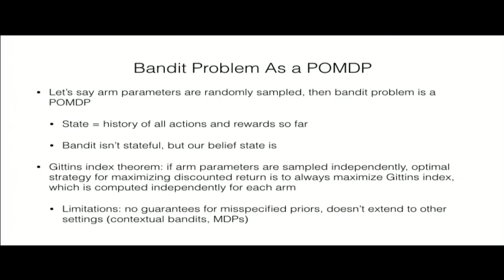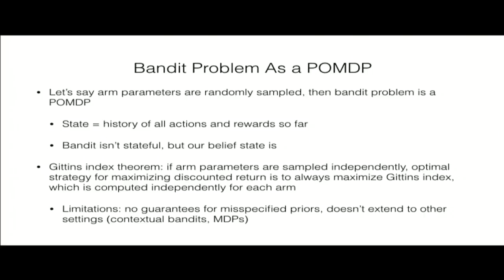Okay, so now that we know it's a POMDP, we could theoretically solve it using dynamic programming. Let's say it's a finite horizon problem with 10 steps. We could just do dynamic programming backwards in time to figure out the optimal policy at each of these time steps.